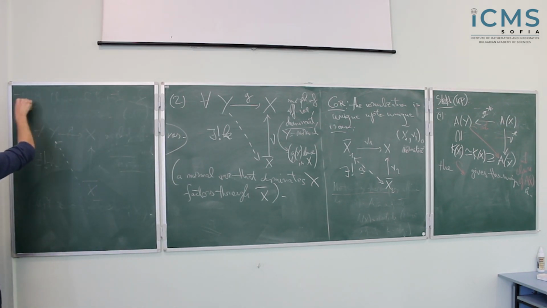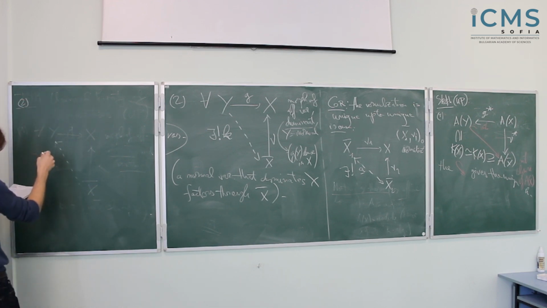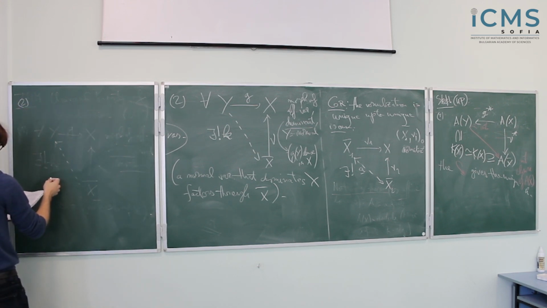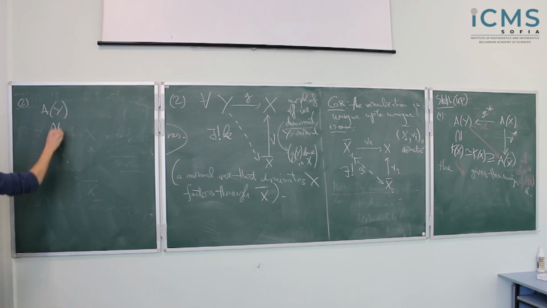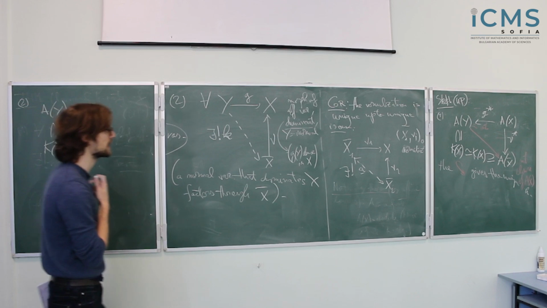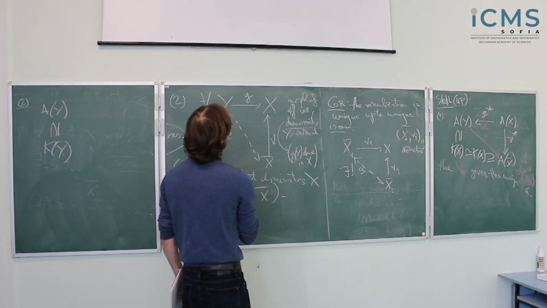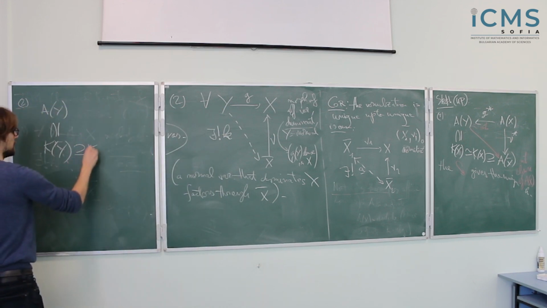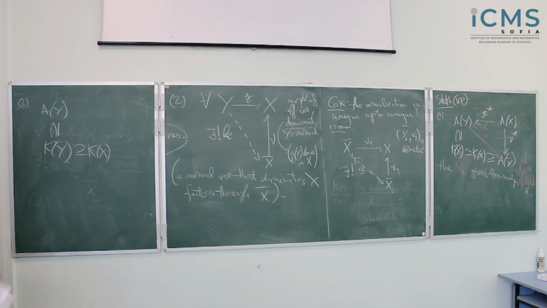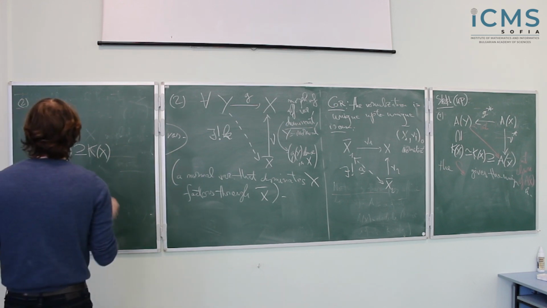So point number 2 is mostly the same thing. We still have A(Y) included in K(Y), but now K(Y) is not equal to K(X). Since Y only dominates X, that means K(Y) contains K(X).